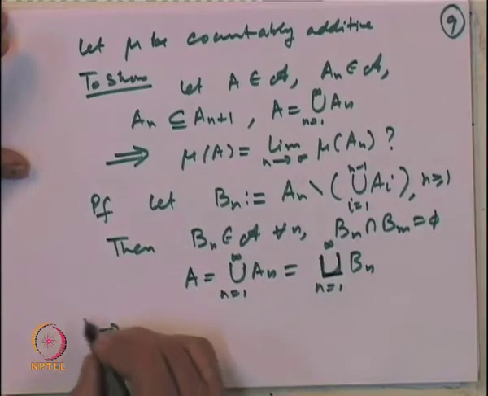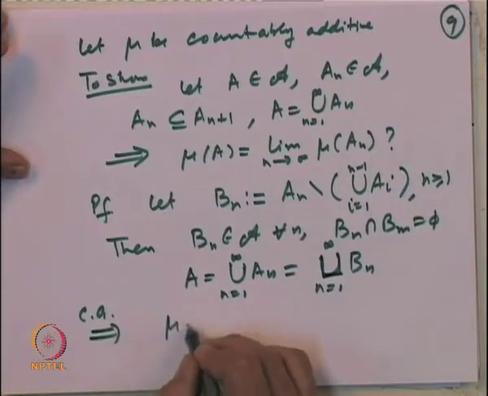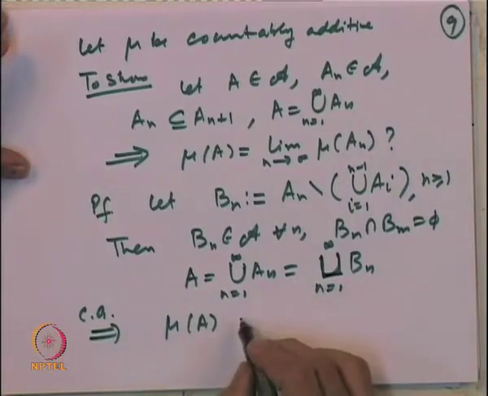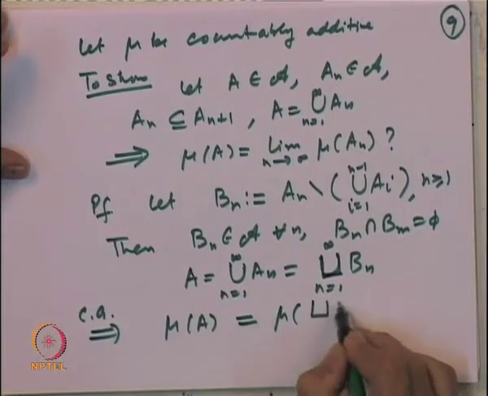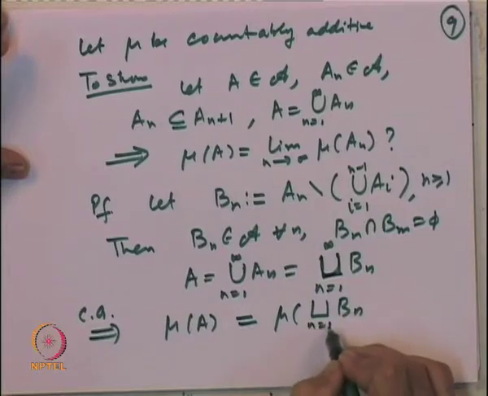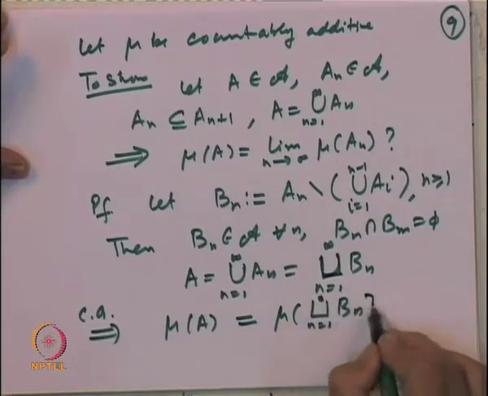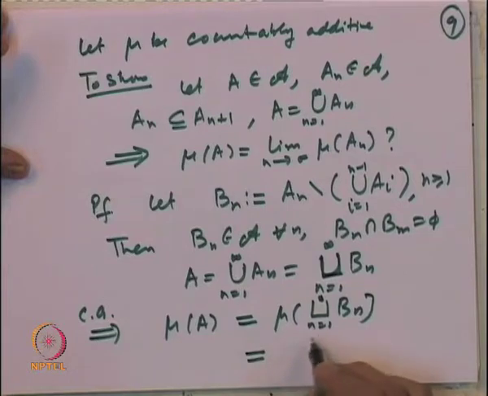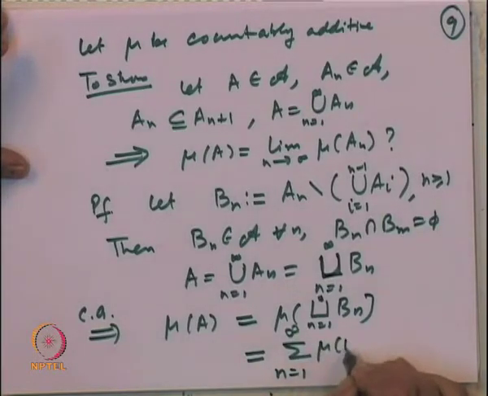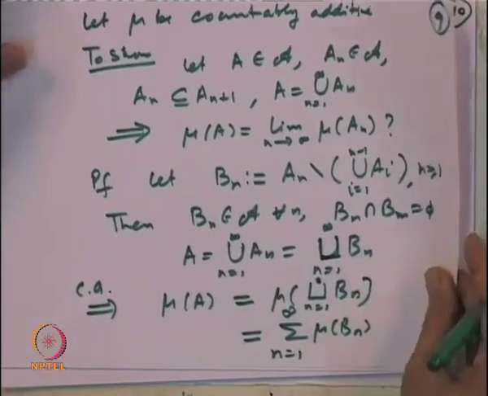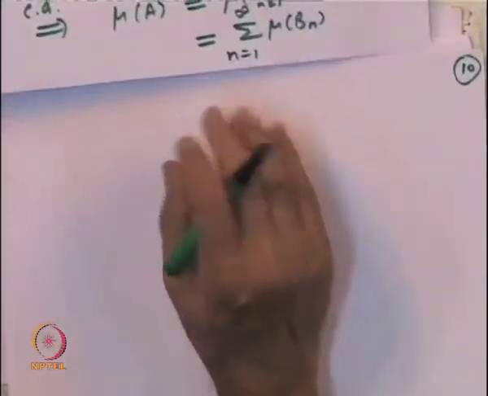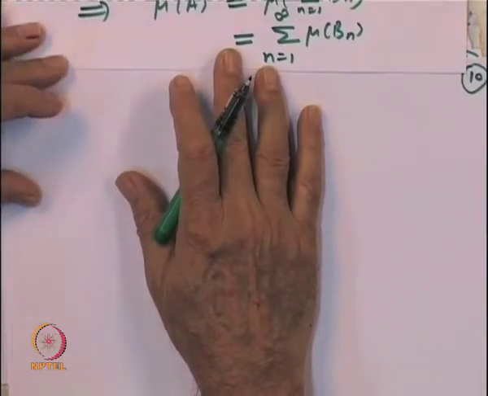So, by countable additive property, mu of A is equal to mu of this union of B n's, and that is equal to, by countable additive property, the summation n equal to 1 to infinity of mu of B n's. And now, we do not want B n's, we want something in terms of A n's.